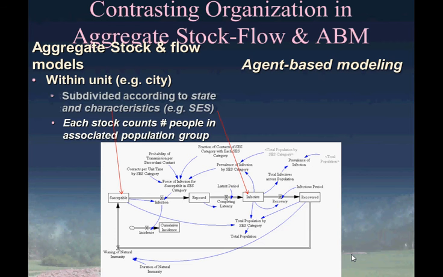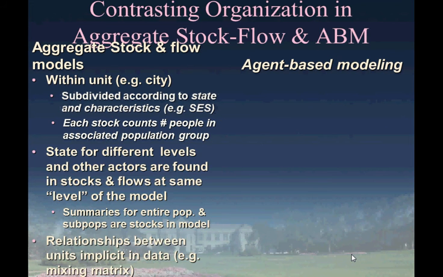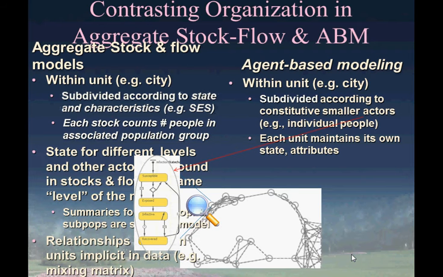So here we divided up the model by and large, organized it according to people's states. And for each of those elements of organization, we counted the number of people in that appropriate group. I want to contrast this with agent-based modeling.